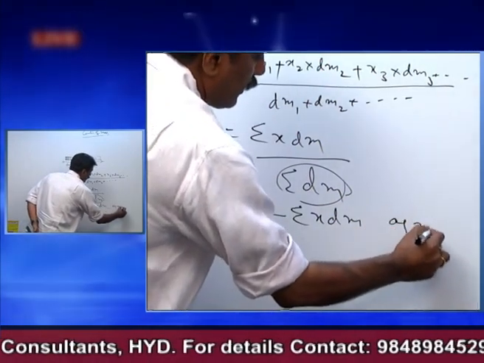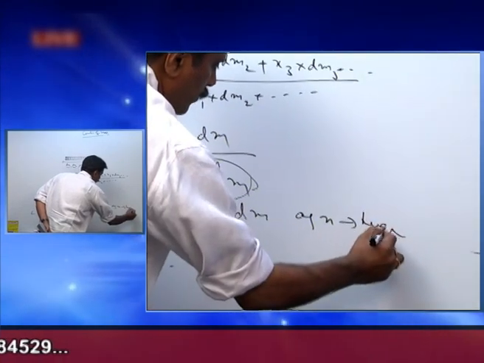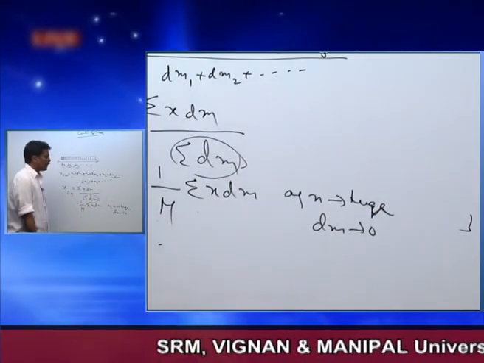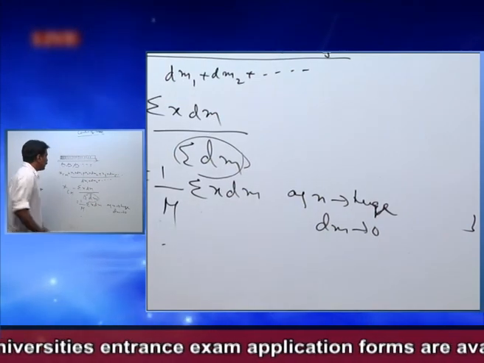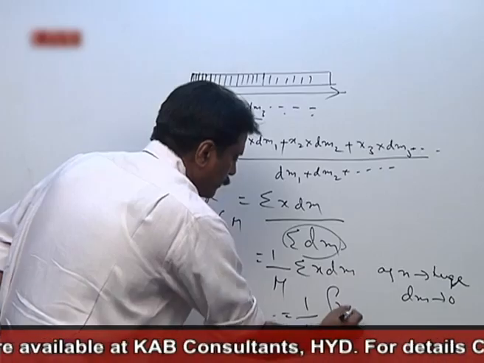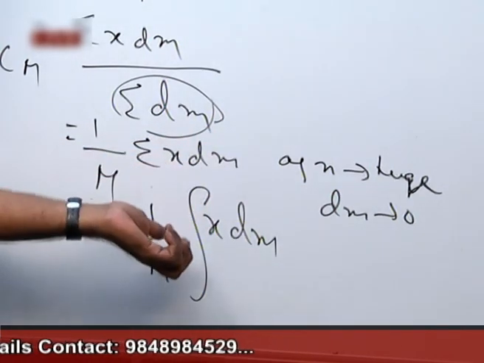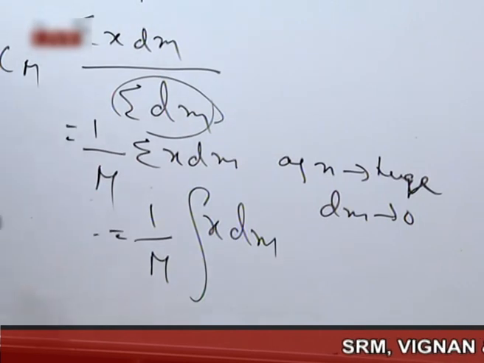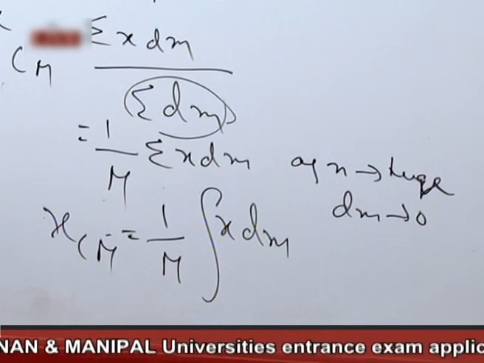Then the limit of sigma x dm as dm tends to 0 is nothing but integral x dm. Therefore, the x coordinate of center of mass will be equal to 1 by m integral x dm.